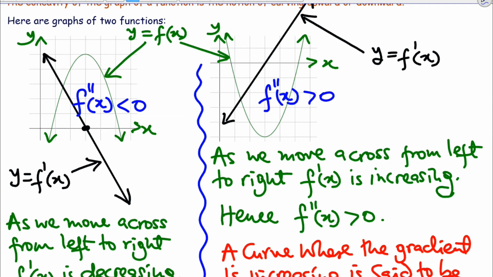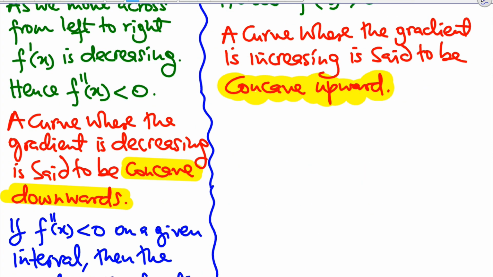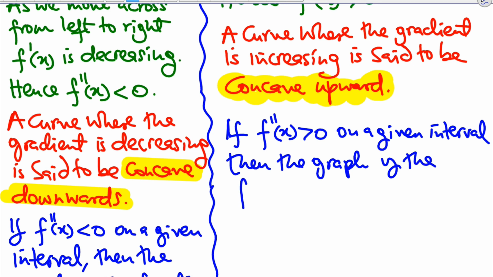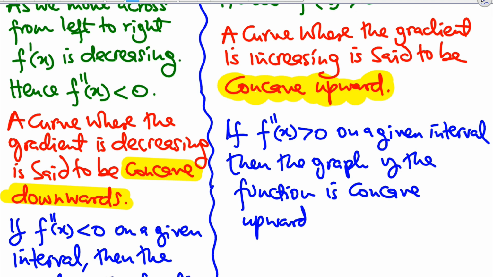Let's generalize this in a statement below. We can say that if the slope of the slope is greater than zero on a given interval, then the graph is concave upward.